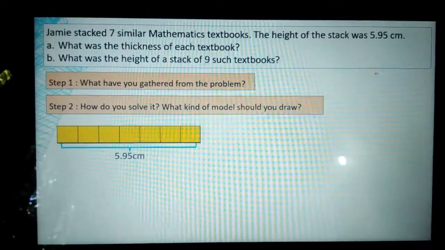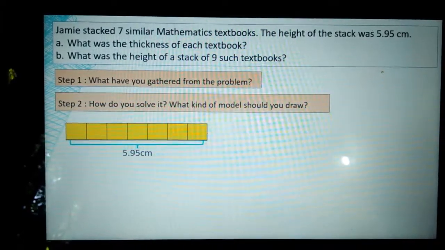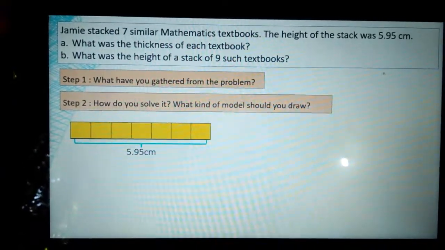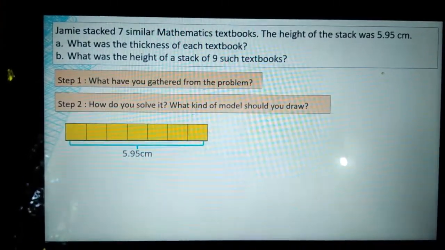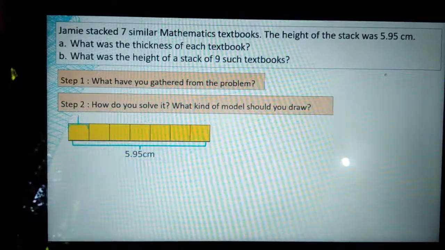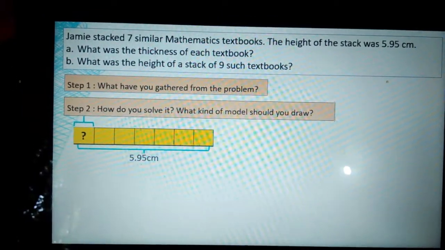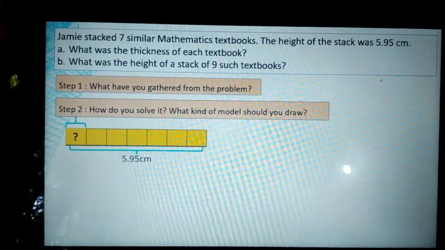Then, the total of the 7 parts is 5.95 centimeters because the height of the stack was 5.95 centimeters. The question mark is this one because the question is, what was the thickness of each textbook?